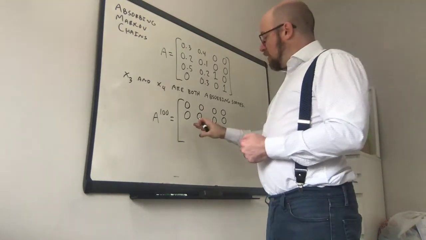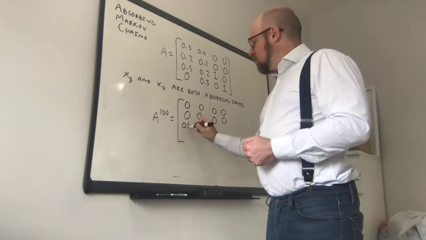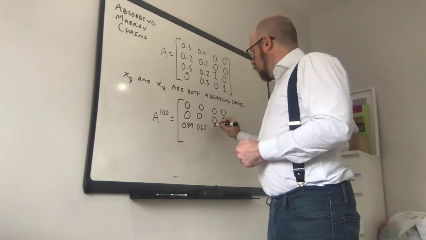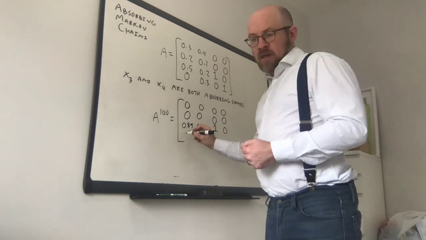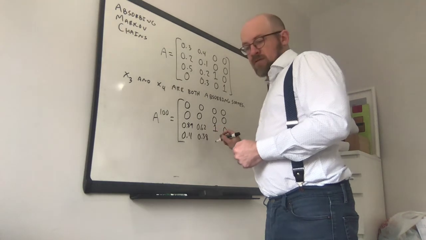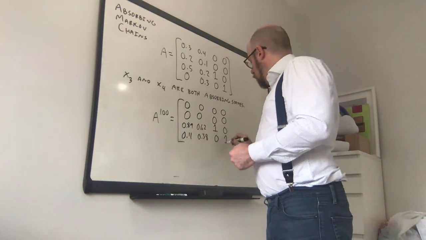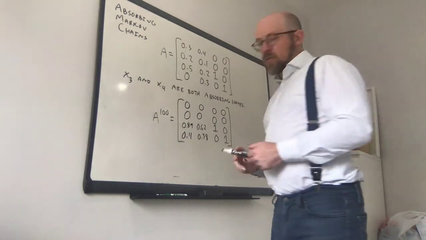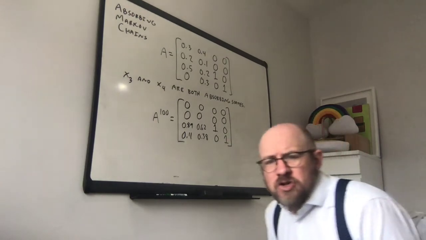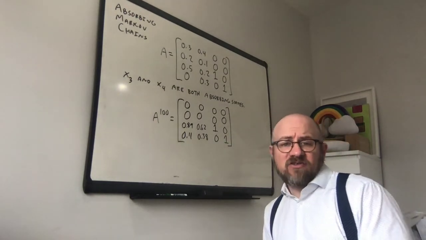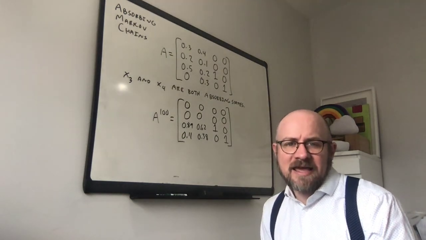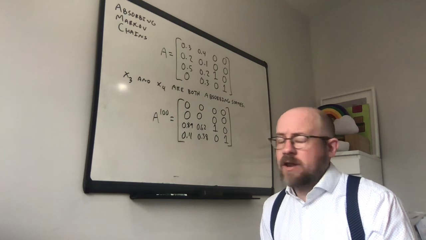But where it gets interesting is the rest of the matrix: 0.89, 0.62, 1, 0, 0.11, 0.38, 0, 1. This isn't like our steady state matrices before where everything is cut and dried, where everything ends up in state 3. Now something more interesting is going on.